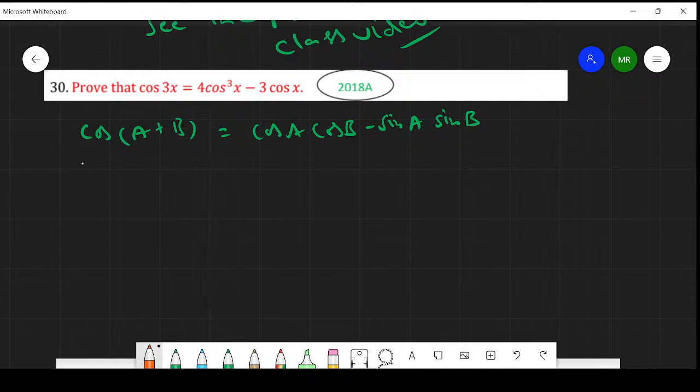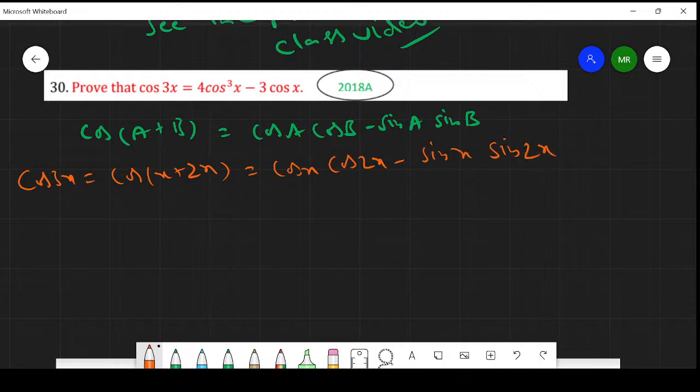Then I can write cos of x plus 2x, because that is 3x. So cos 3x is equal to cos of x plus 2x, which is cos x cos 2x minus sin x sin 2x.